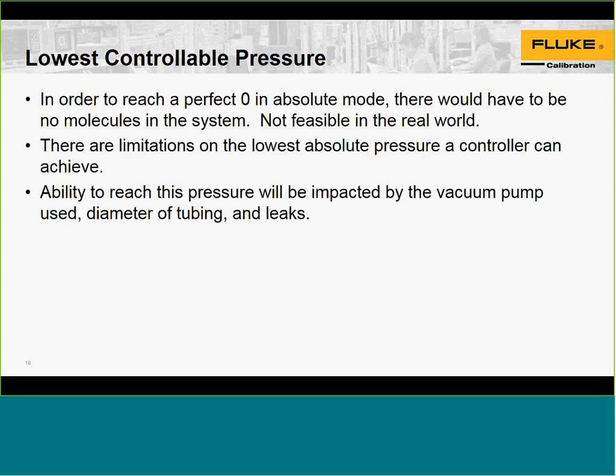But in absolute mode, 0 absolute, there would be no molecules in the system, and that is not feasible using the resistance inside controllers. It would take a really long time to pull to 0, and the vacuum pump you would need would probably be overkill for the application.